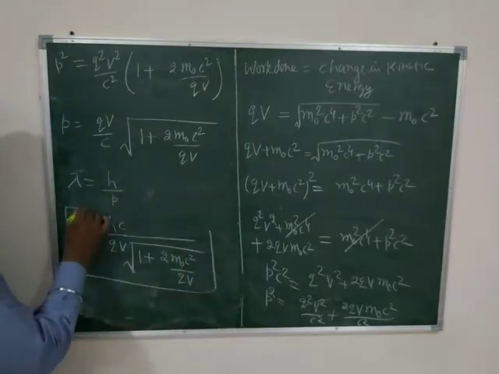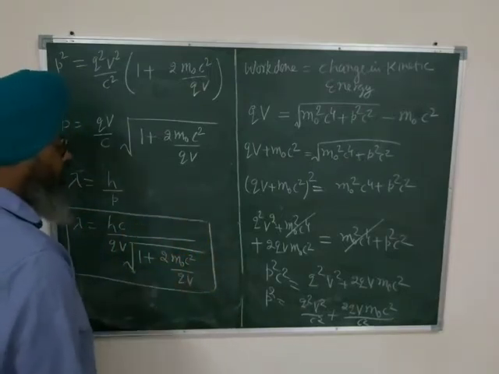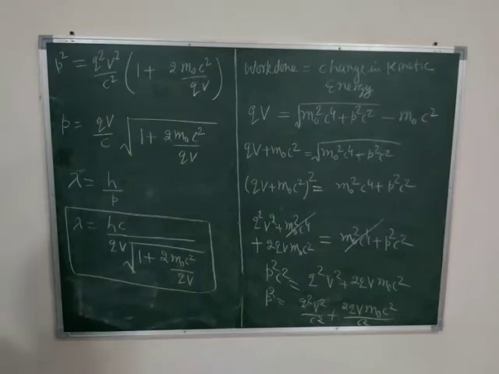Now this is the expression for the de-Broglie wavelength of a charged particle accelerated by a very high potential, so that it attains a speed comparable with the speed of light.